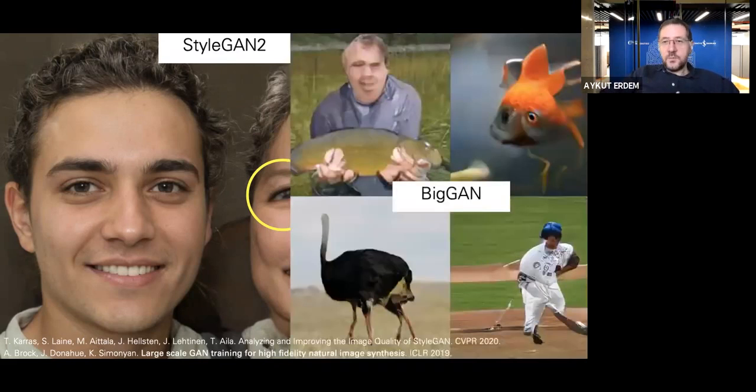And if you look at harder cases, for example, these are the results of another recent model called Big GAN. Here you are seeing the samples for different ImageNet classes.